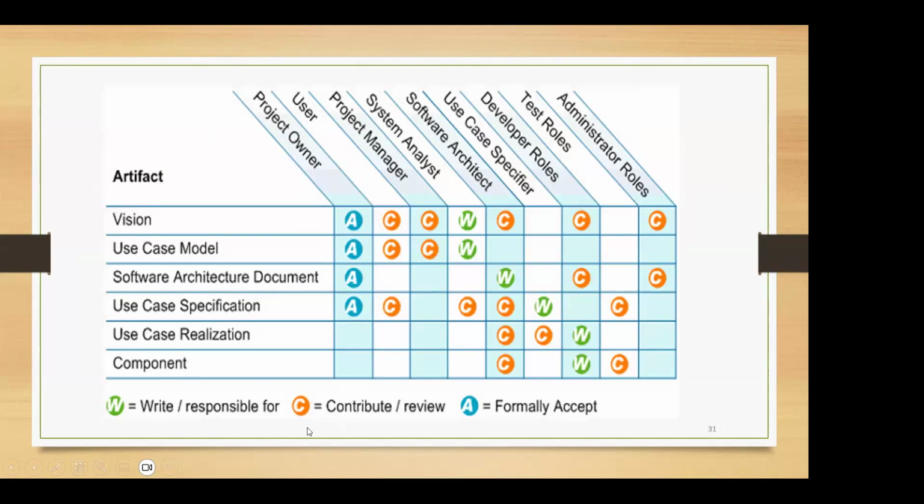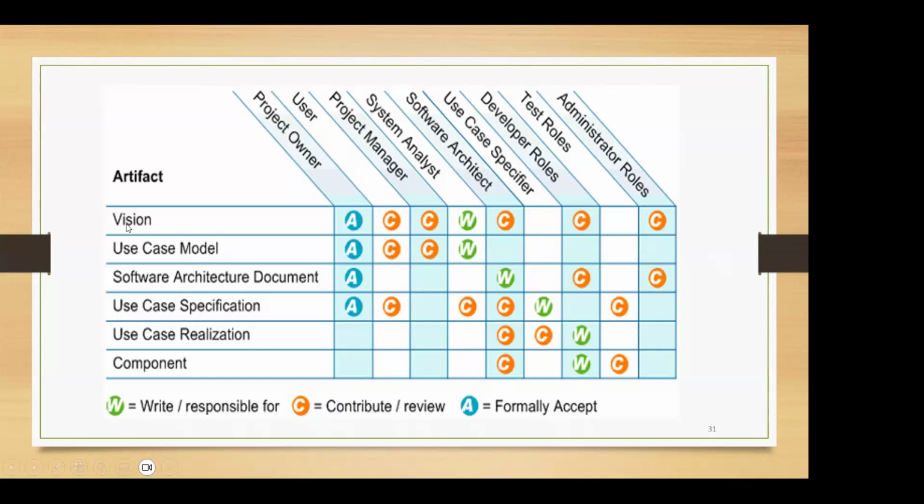So here there are 3 categories for any artifact. There's 3 situations. So you can either be writing, or you be responsible for the artifact. You will be contributing or reviewing the artifact, or you will be formally accepting.